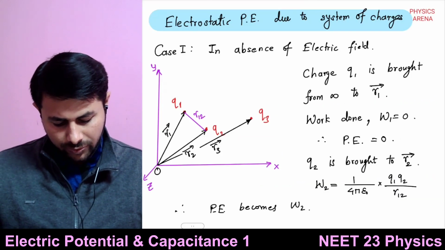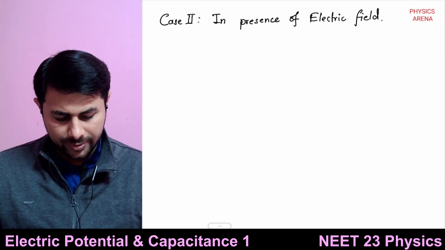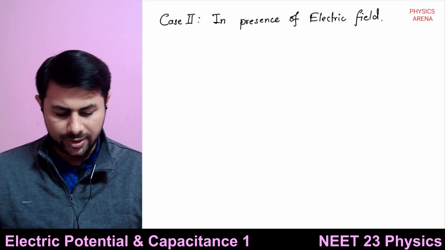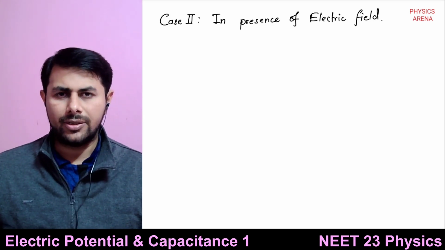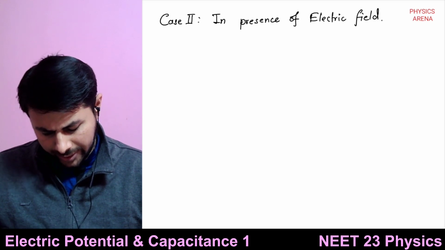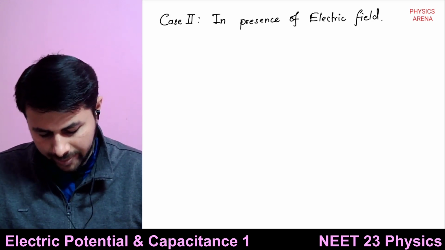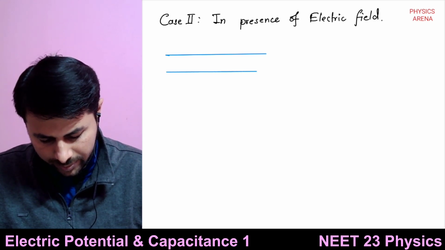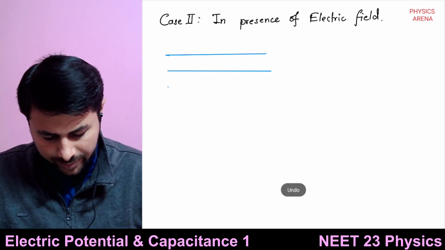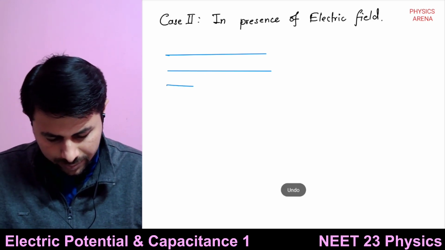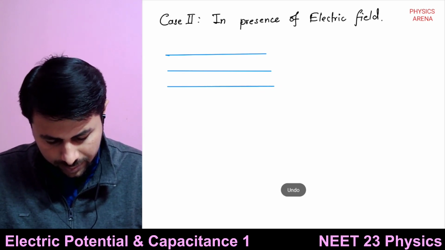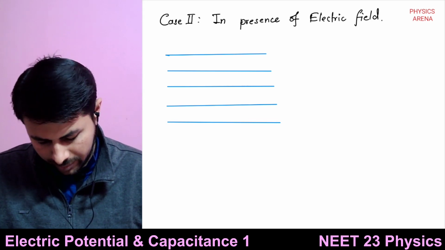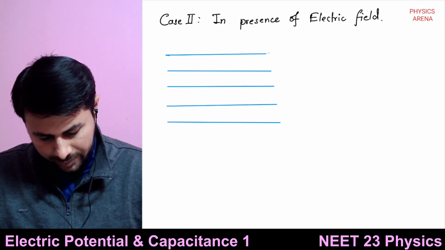Now we are doing the same thing. We are building a system of charges, but there is some electric field in the region. It might be uniform, it might be non-uniform. So I am drawing a uniform electric field. Non-uniform can be anything, right?